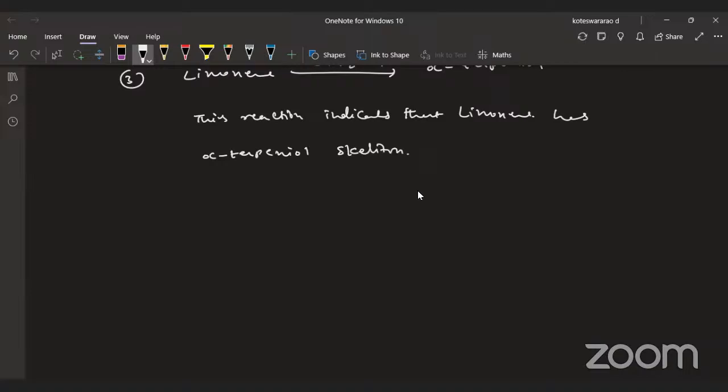From this, limonene is generated from the dehydration of alpha terpineol.